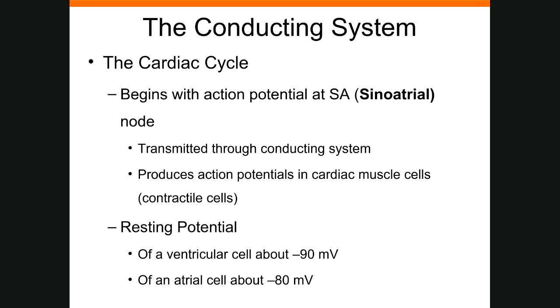The cardiac cycle begins with an action potential at the SA node, as we just explained, and is transmitted through the conducting system to produce action potentials in cardiac muscles.